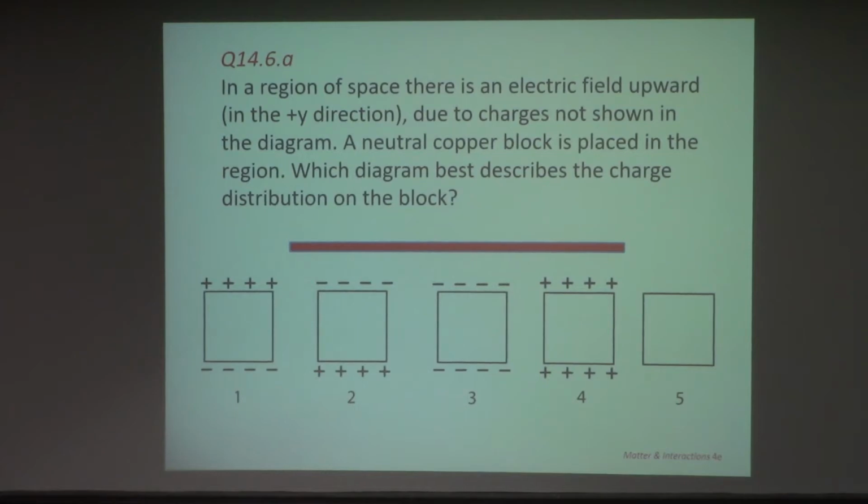There's an electric field in the plus y direction, this is the applied field, due to some external charges. We don't know what they are, but we know they're making a field. And we put a block of copper that's originally neutral in this region. Which of these diagrams, using our conventions, best describes the charge distribution on the block of copper?